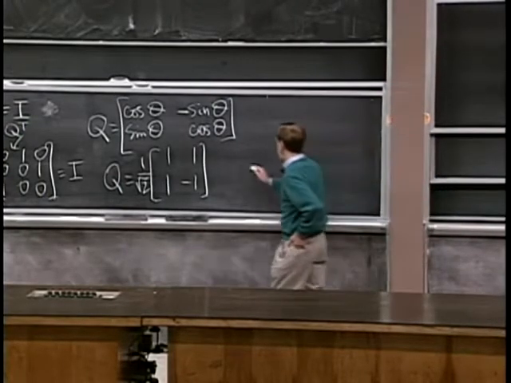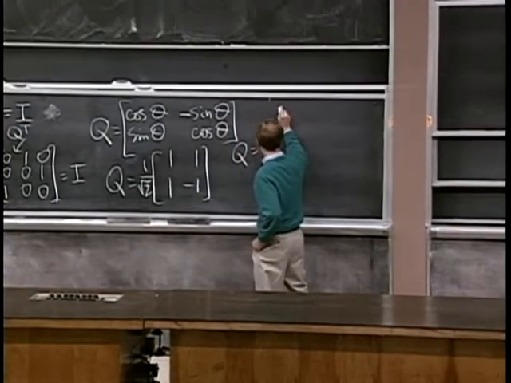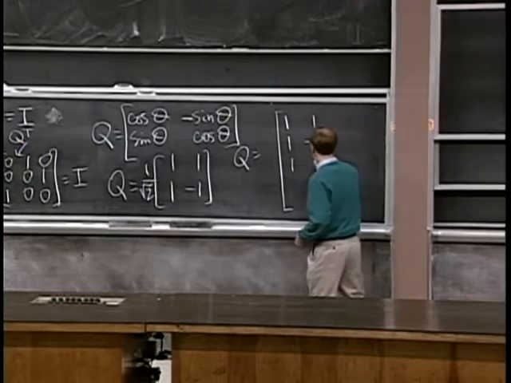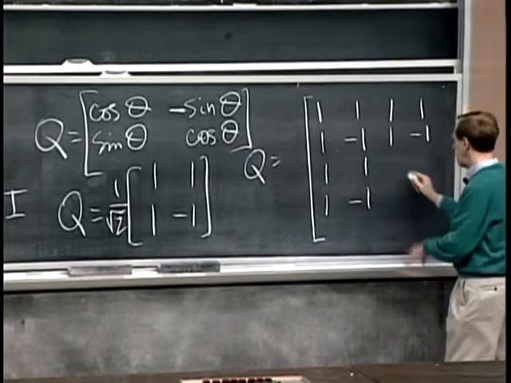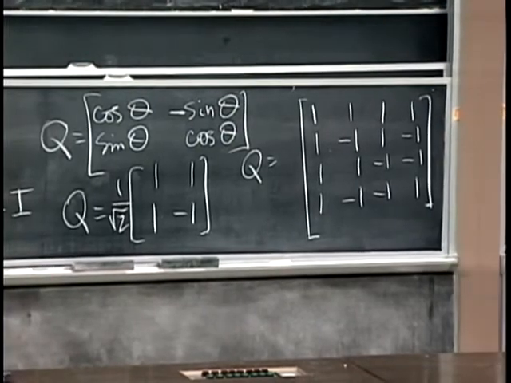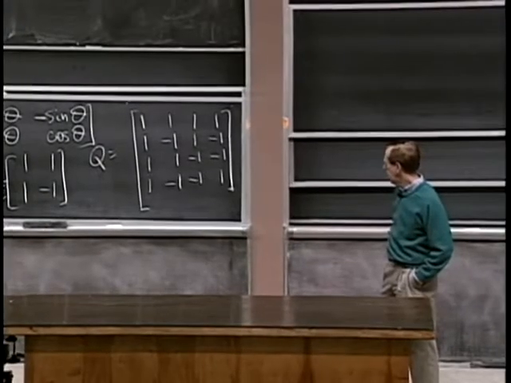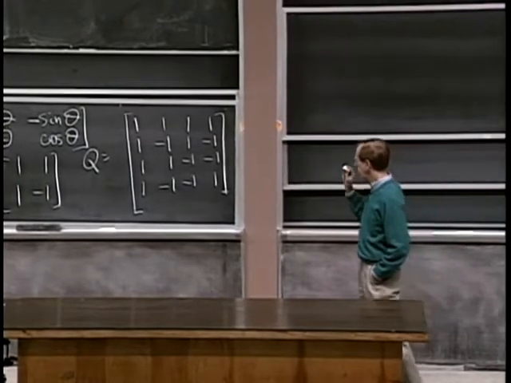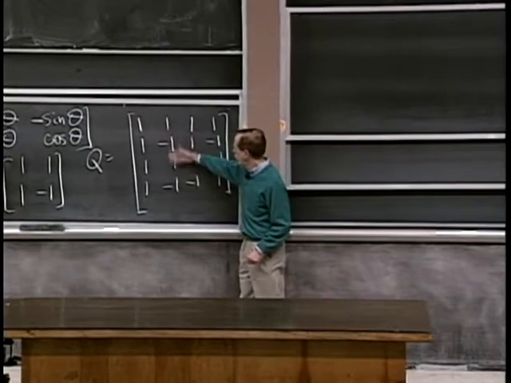Okay. Let me do one final example just to show that you can get bigger ones. Q equals, let me take that matrix up in the corner, and I'll repeat that pattern again, and then minus it down here. That's one of the world's favorite orthogonal matrices. I hope I got it right. If I take the inner product of that column with that, I have 2 minuses and 2 pluses.